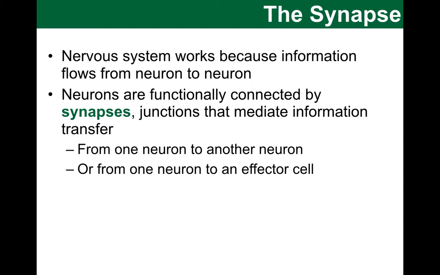Remember that two nerve cells were not physically connected to each other, but there was a small gap between these. And this gap was known as a synapse. And it was here where we needed to use chemicals, known as neurotransmitters, to pass messages across this gap.